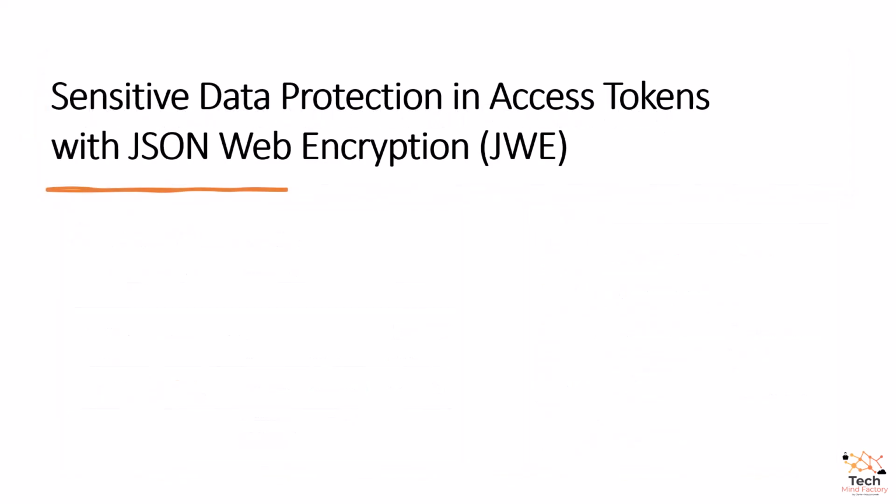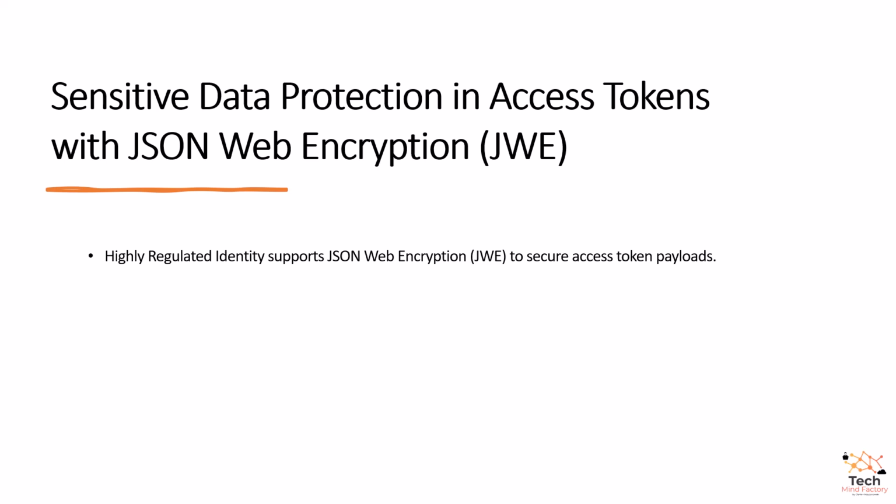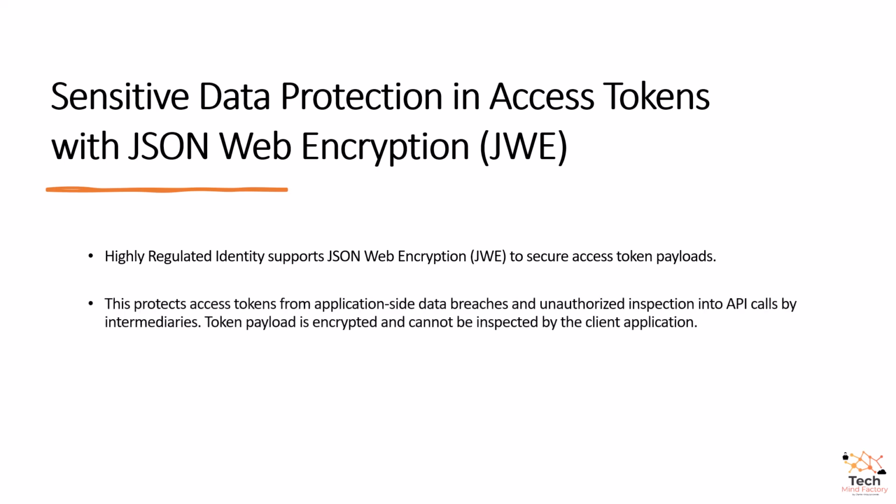Another great feature to enhance security is sensitive data protection in access tokens with JSON Web Encryption. Auth0 Highly Regulated Identity supports JSON Web Encryption to secure access token payloads. This protects access tokens from application-side data breaches and unauthorized inspection into API calls by intermediaries.